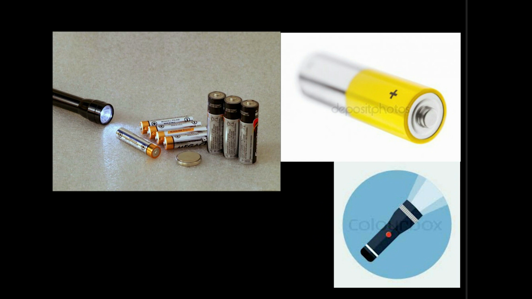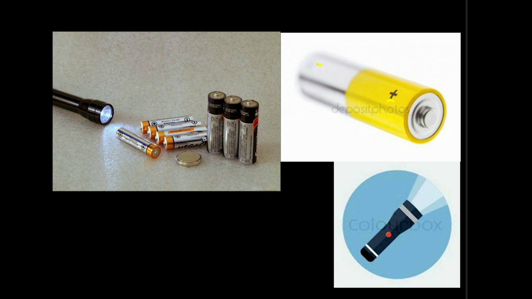In this case, we will find examples in a torch battery. A torch battery has some chemicals inside it. On one side, positively charged, and on the other side, negatively charged.